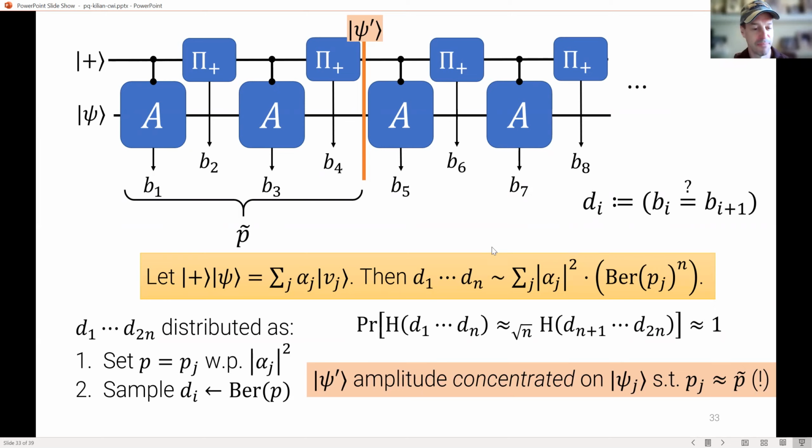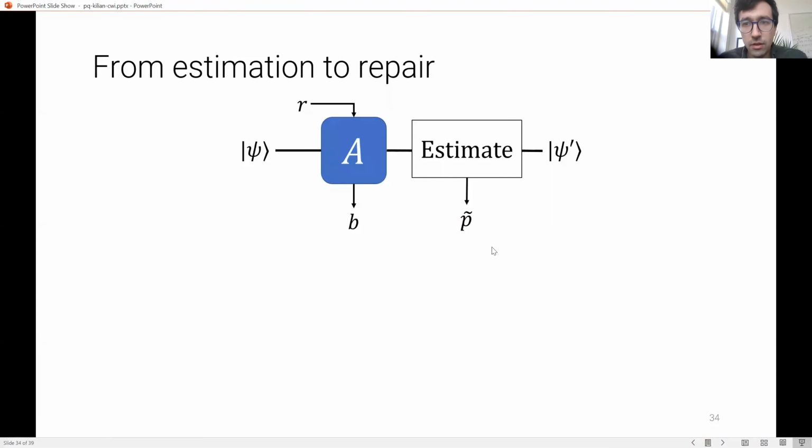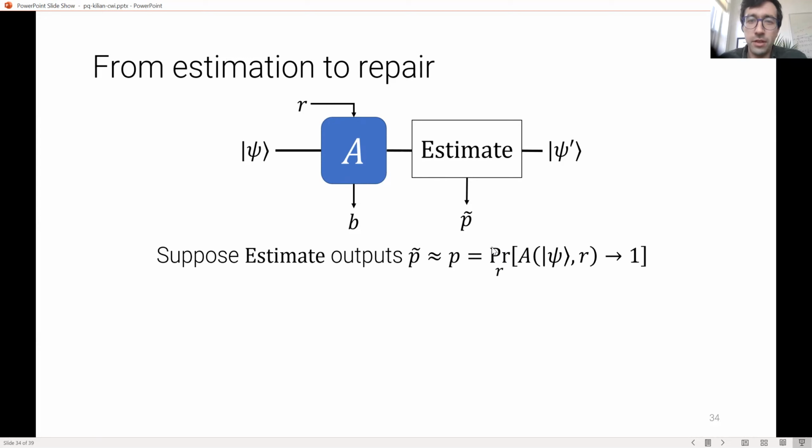Okay, thanks. So what does this mean? Well, this means that the estimation procedure is already sort of a repair procedure. Because suppose that the estimation procedure outputs a P tilde which is close to the original success probability. I'm not saying that this will happen, but let's suppose that it does.